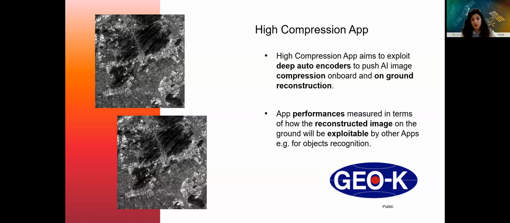And the performance of this application is evaluated in terms of image similarity, but also in terms of how the reconstructed image can be exploited by other applications, for example, for object recognition.